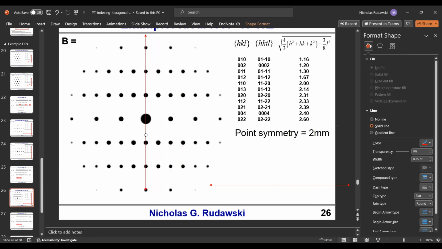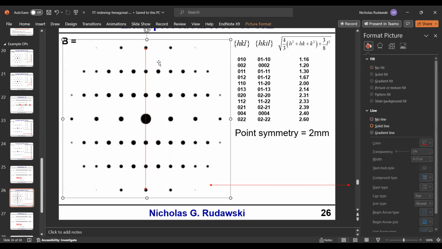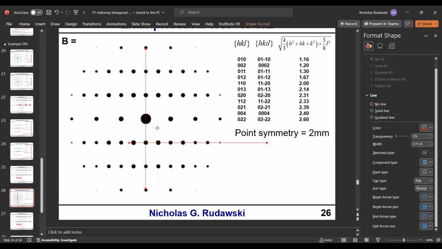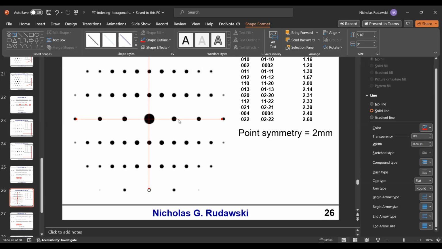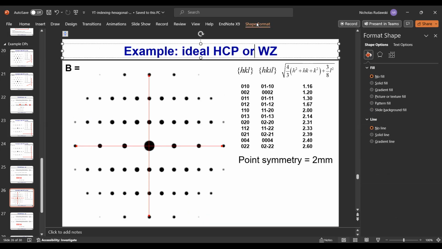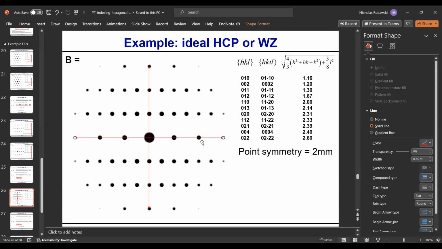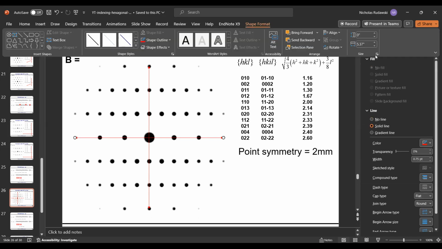Okay, so let me go ahead here. Okay, that's close enough. And then we have 6 gradations there. So we can actually see that's 5.16, and that's 5.3.